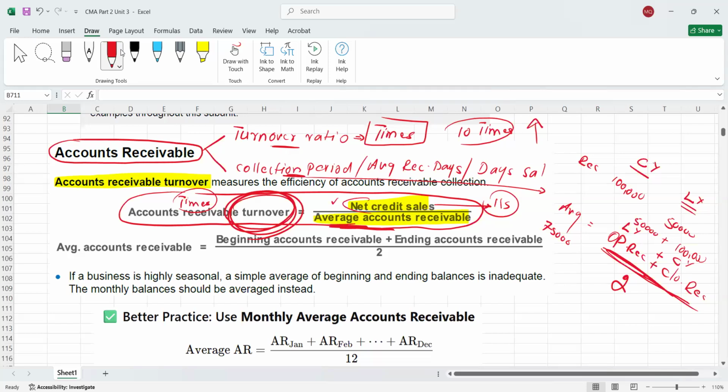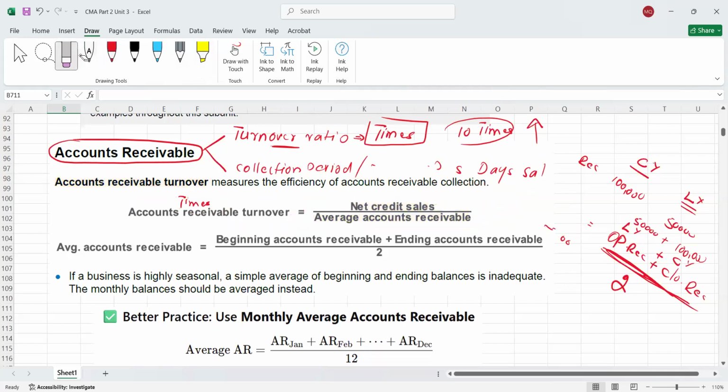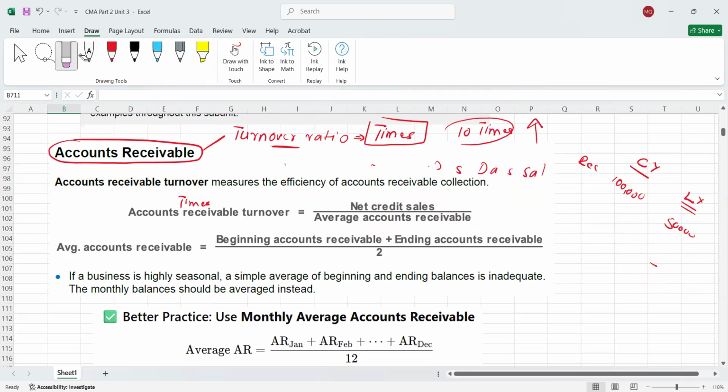Now guys, that's great, but here I'm adding another point. It might be tested in your exam sometime. When you work with receivables, especially with this average, I told you how to calculate it if data is given on a yearly basis. But here is one note you need to understand.